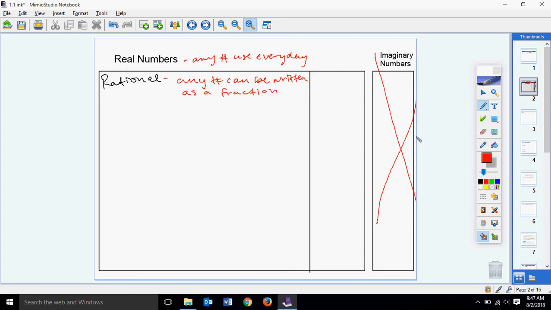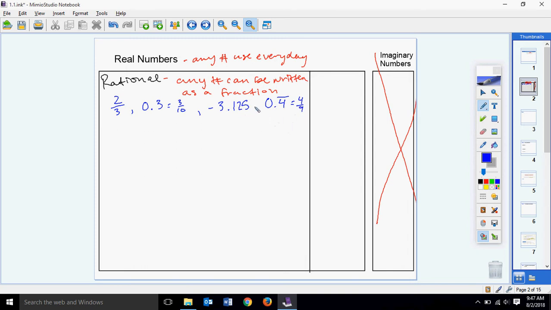Okay, so those numbers include, well, obviously any fraction like 2/3, 7/8, but also 0.3. Remember, because this is the fraction, this is the same as 3/10. It can also be negative 3.125. That's written as a fraction. We could have 0.4 repeating. 0.4 repeating is 4/9 as a fraction.